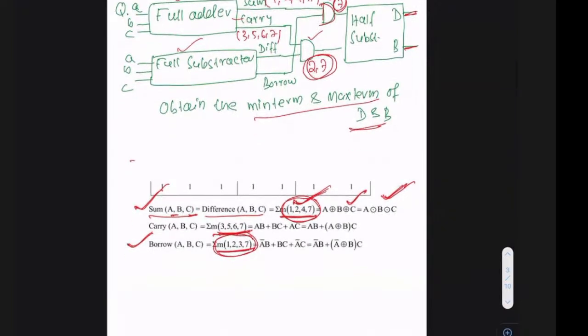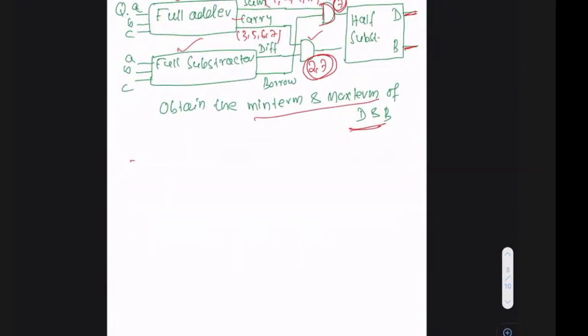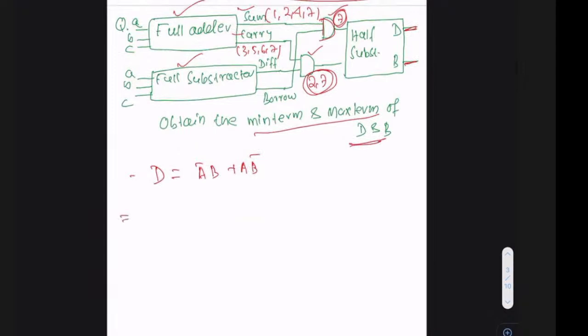So how do you deal with this half subtractor now? Coming to this half subtractor, the difference is given by A bar B plus A B bar, that is A XOR B. So if I ask you this way, what is A bar? This is what A input you can think of, this is what your B input you can think of.